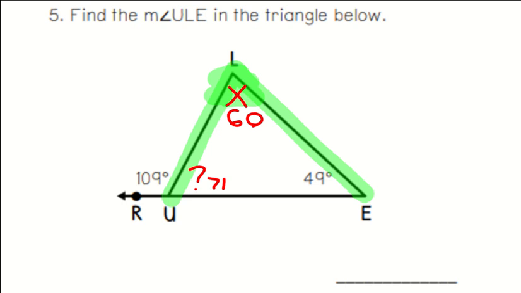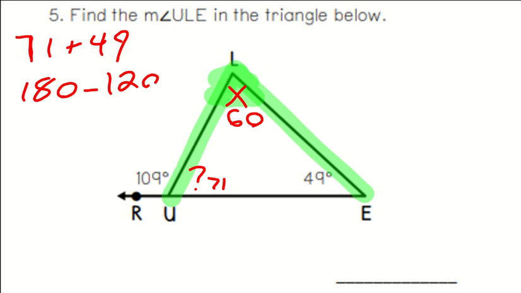You can also add them first and then subtract from 180. So once you add that 71 in there, you could do 71 plus 49 and then 180 minus, what's that, 120? That would work.